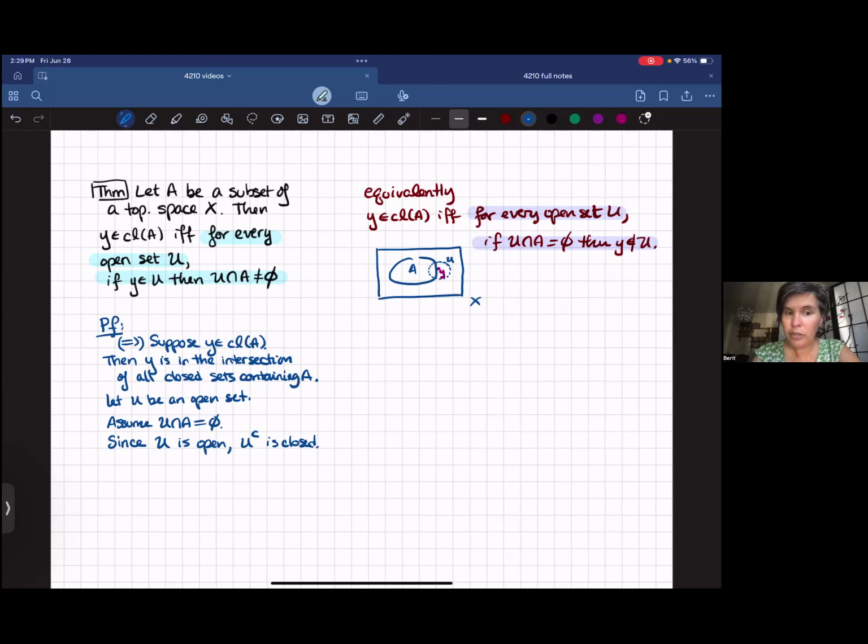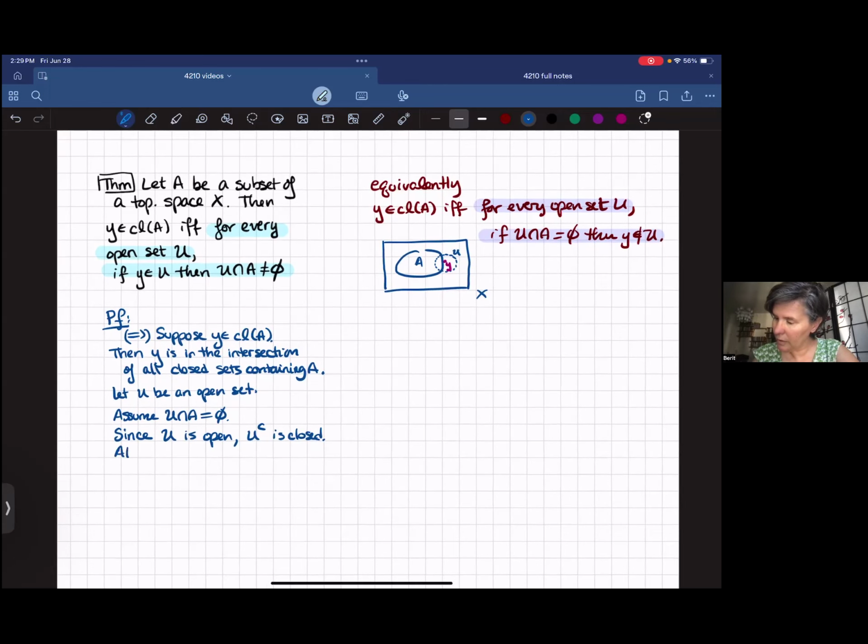And since U intersect A is empty, A is a subset of U complement. Okay, U intersect A being empty is equivalent to saying that A is a subset of U complement. So these two statements are equivalents of each other, two different ways of saying the same thing.